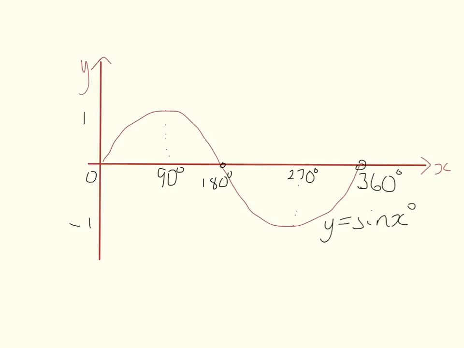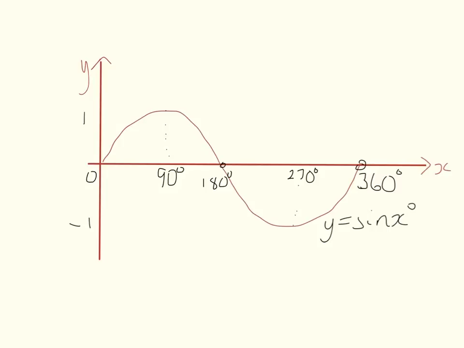So this is a graph of y equals sine x. Starts at 0, goes up to 1, then down to -1, and then back to 0 at 360 degrees. So this is one revolution of the sine graph.